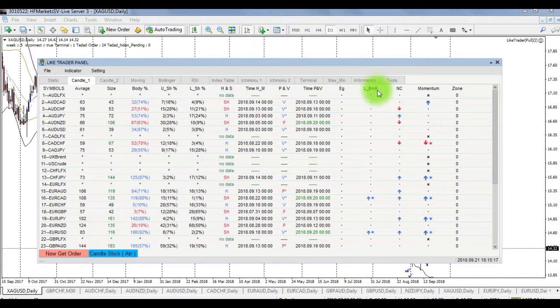Engulfing and long bar are continuing candles. It is expected the market continues its previous move. Take this note into consideration: continuing the previous move doesn't mean that we expect a strong move in the market.